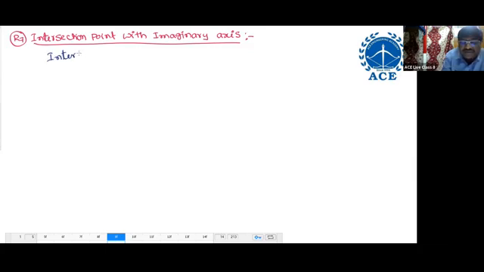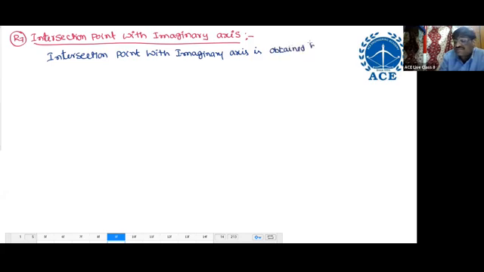Intersection point with imaginary axis is obtained by RH criteria.